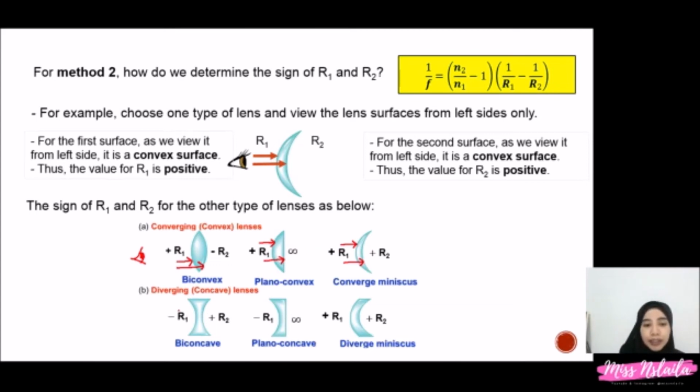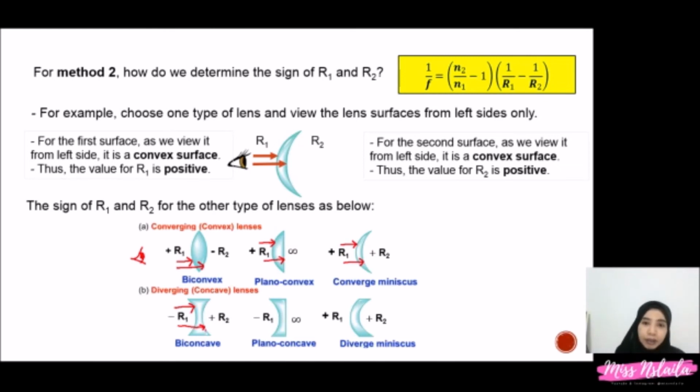For the biconcave, we look from this side. The first surface is concave to your eyes, so it's negative. And the second surface is positive because it's convex to your eyes.